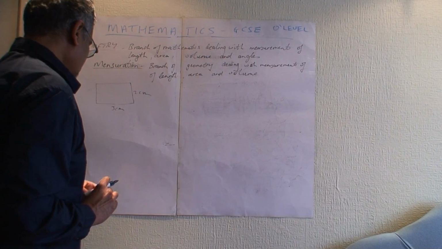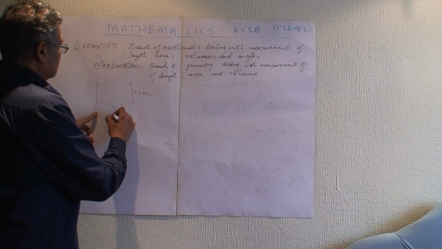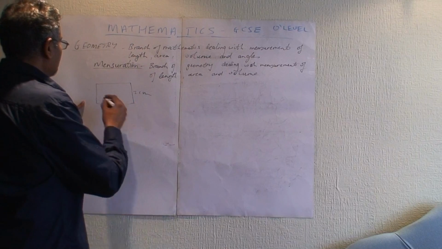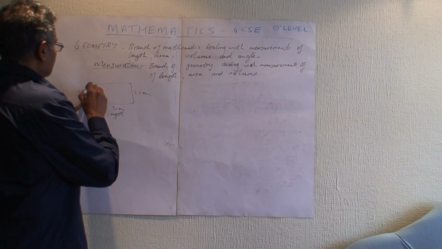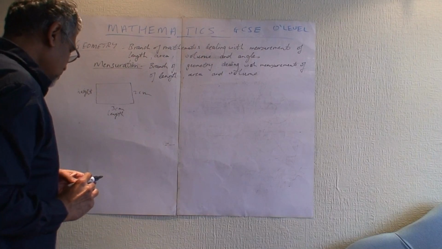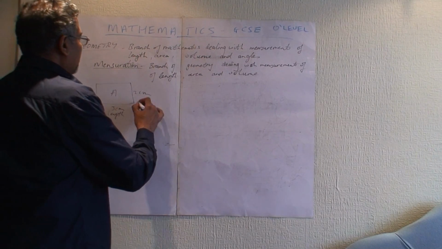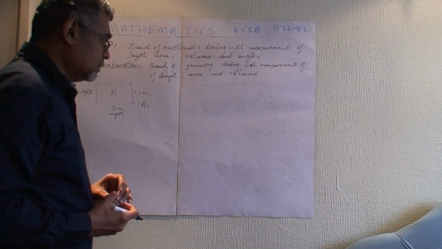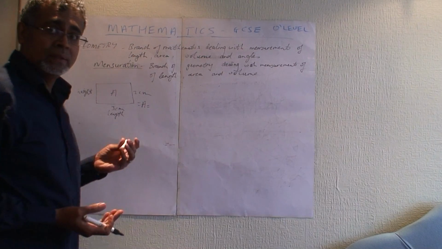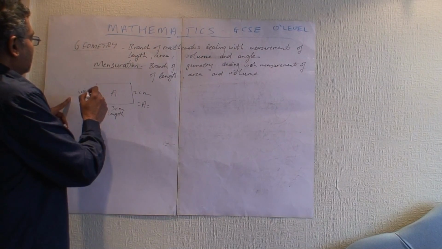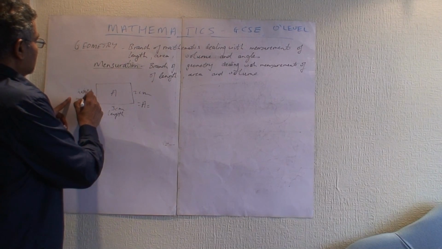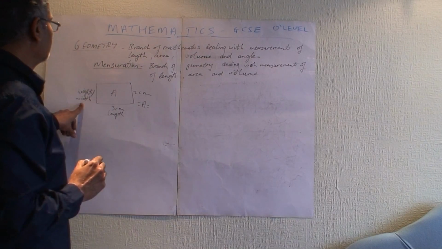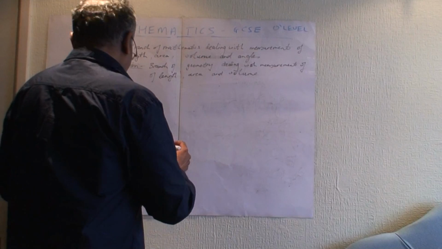Say this is the length and this is the height. So the area of the rectangle is equal to length multiplied by height, or length multiplied by width. This may be called the width, height or width.